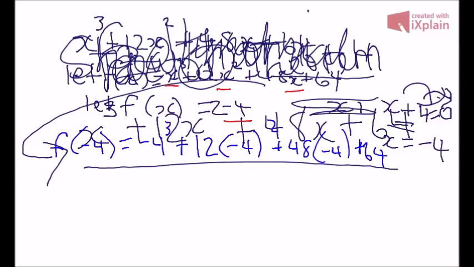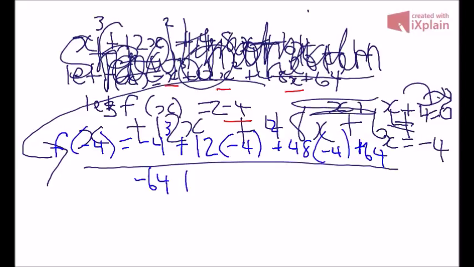So we got that, and we just have to figure it out now. Minus 4 to the power 3. Anything that is minus and it's cubed is going to give you a minus answer. So this is going to be minus 64.